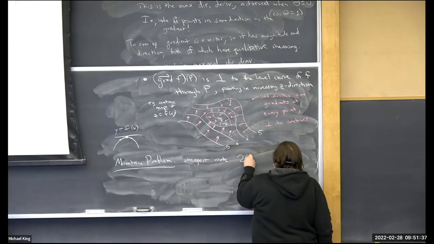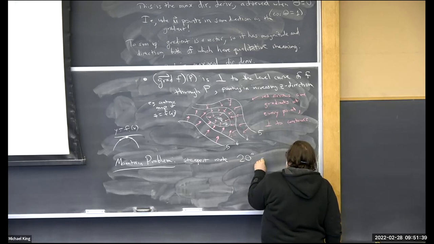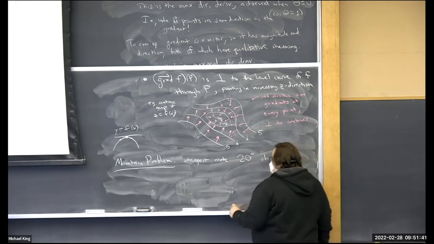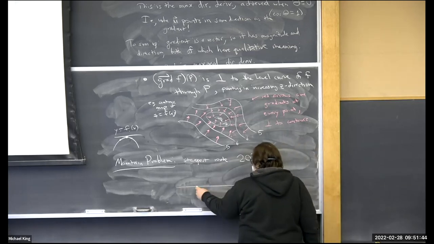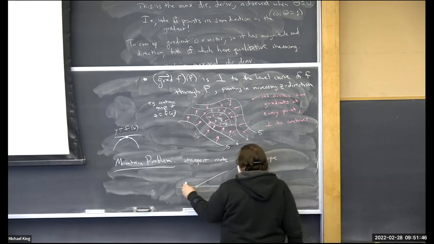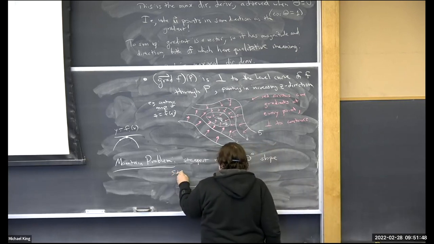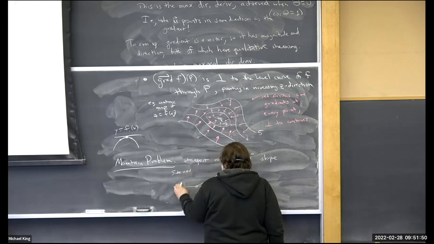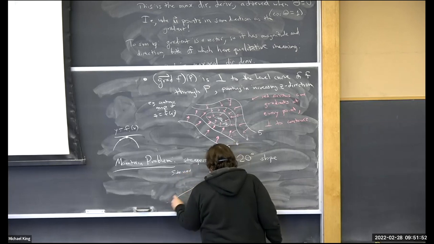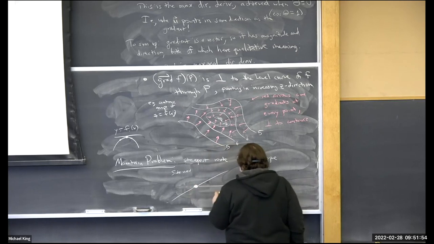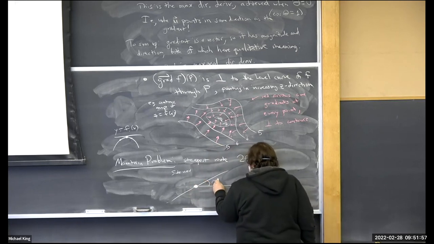What that means is that we can draw kind of a side view of the mountain. It's just like we're on the side of the mountain, and that says that this angle is 20 degrees, right?